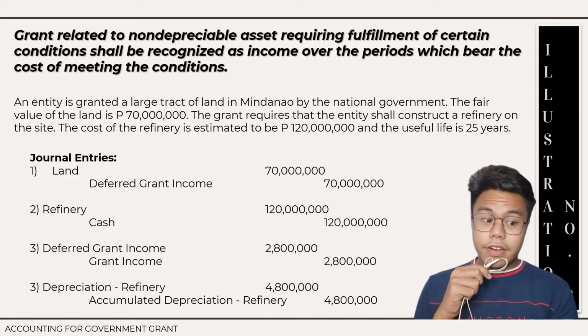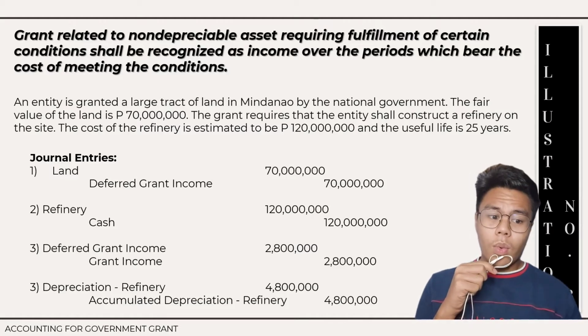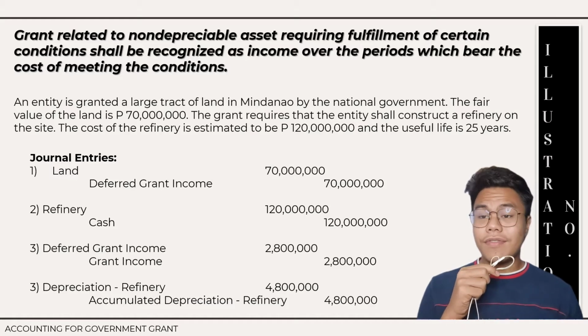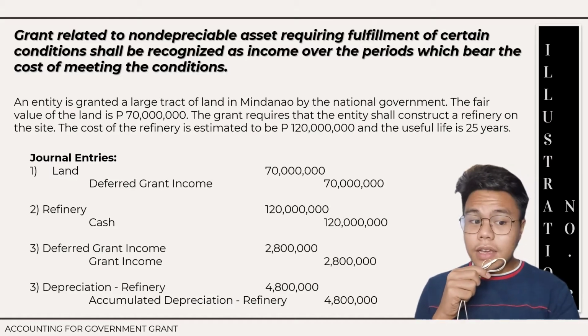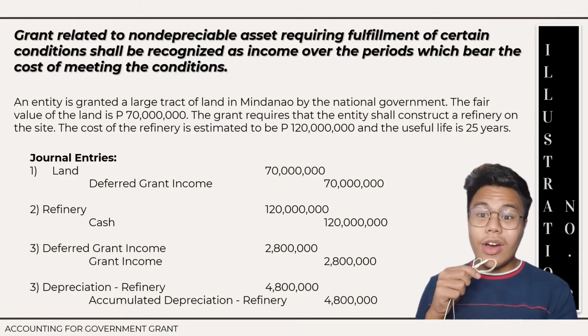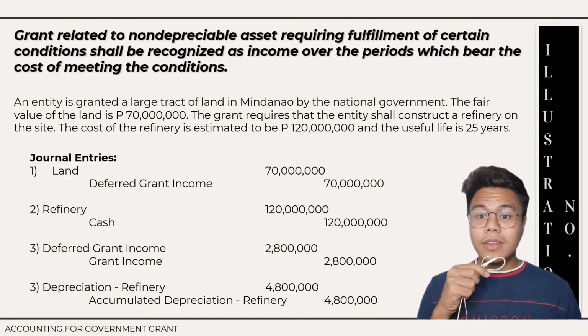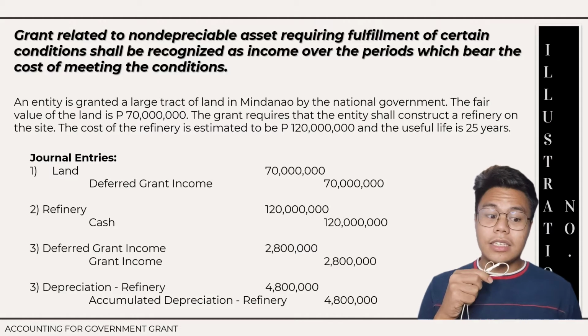We debit refinery 120 million pesos and credit cash 120 million pesos. Why do we debit land instead of refinery? Because it is stated here that the entity is granted a large tract of land, not the refinery. So we only refer to the land that is granted by the government as their investment towards this entity.